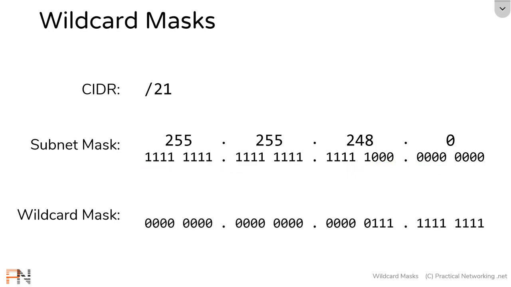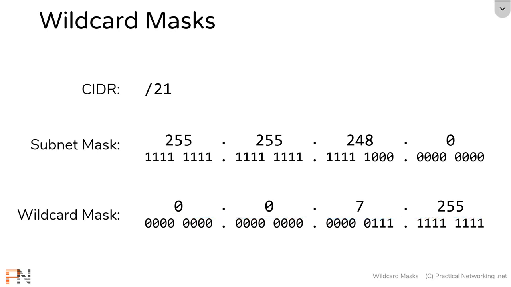And if we convert each of those octets back into decimal, we would get a wildcard mask of 0.0.7.255. So the slash notation of /21 correlates to the subnet mask of 255.255.248.0, which correlates to the wildcard mask of 0.0.7.255.